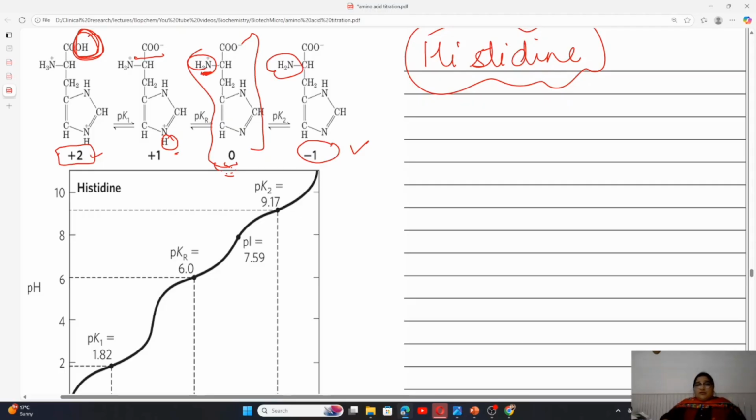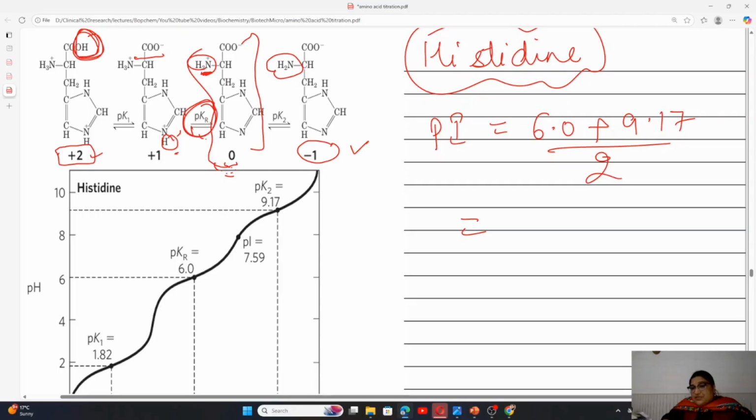So whenever it comes to histidine, this was the Zwitter ion, and how will we calculate the pI? We will consider the pK immediately next to the neutral charge, pKr. What was pKr? pKr was 6.0 plus, what was the pK2? pK2 was 9.17, divided by 2.